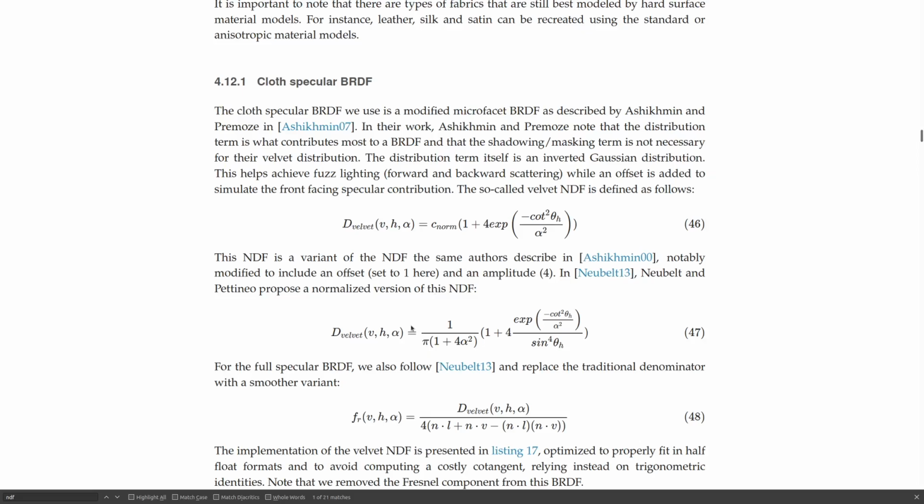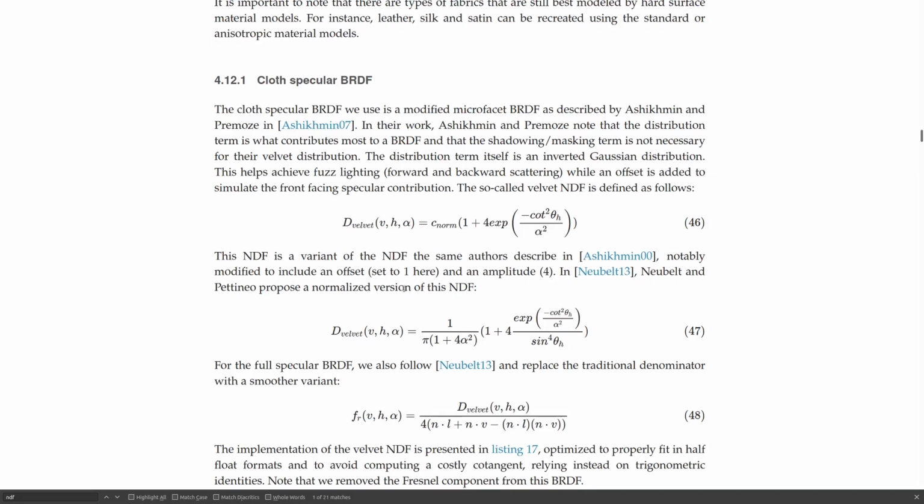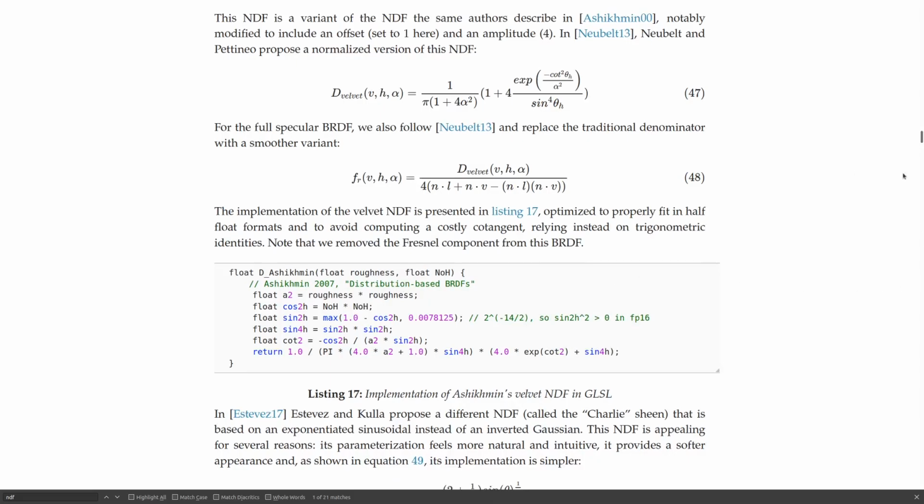So some intensity factors, I guess. So in this other paper, they proposed a normalized version. So that's got some more terms.